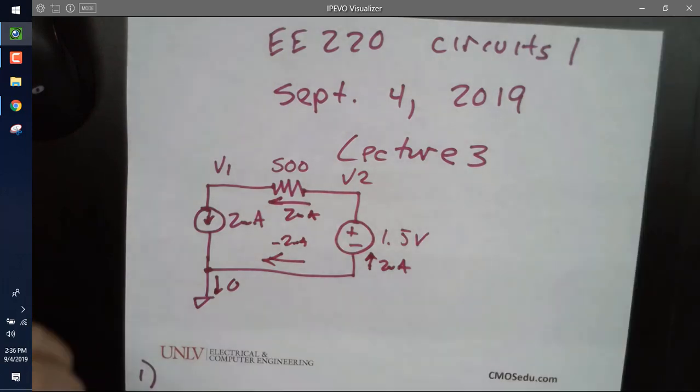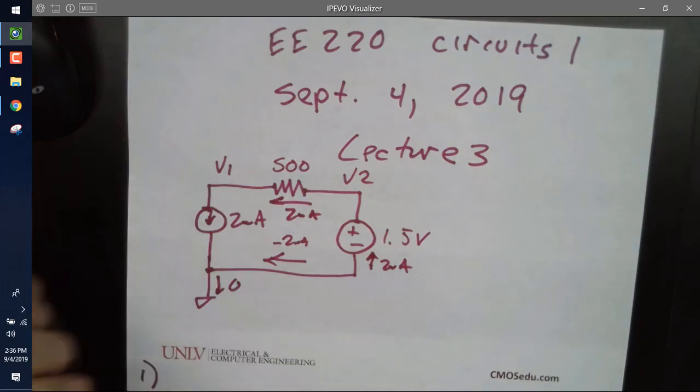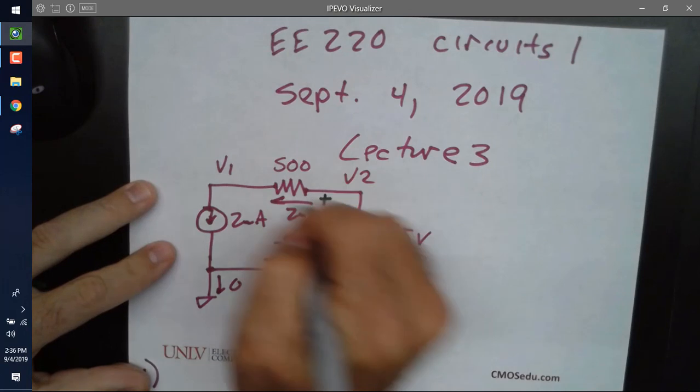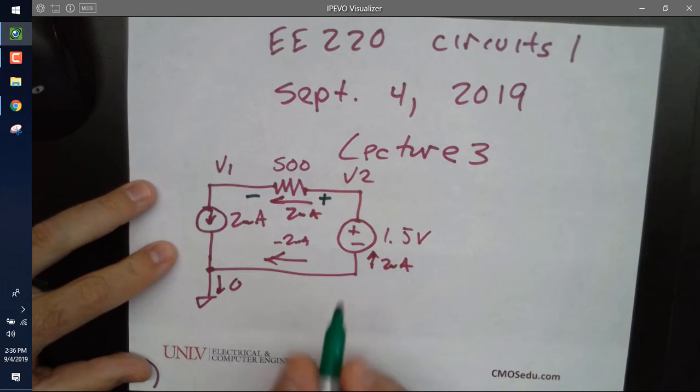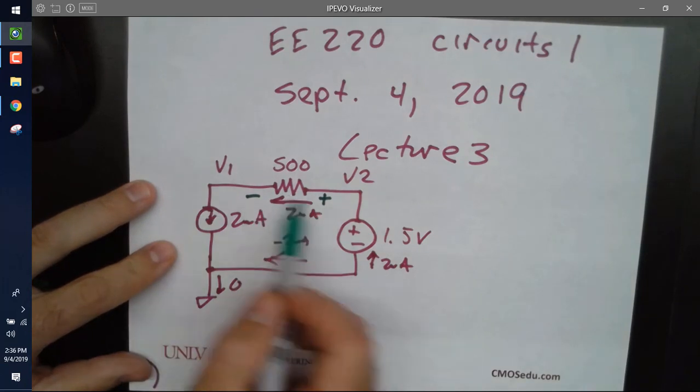So, if I ask, what is the voltage drop across the resistor? Now, I'm not asking what V1 and V2 is right now. I'm asking you, what is the voltage drop across the resistor? I have to define it first. Now, I already drew an arrow there, so I'm going to define it like this, right? Does everybody see that? I'm not afraid to define it. So I defined it like that, and the current's flowing like that.